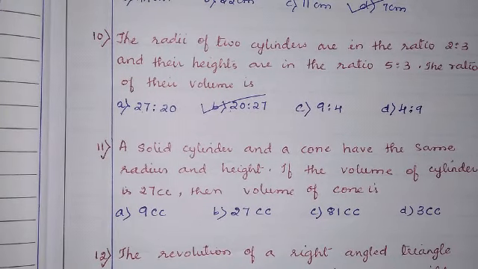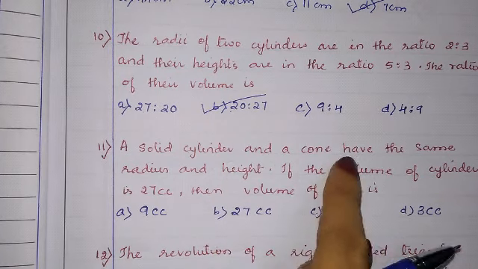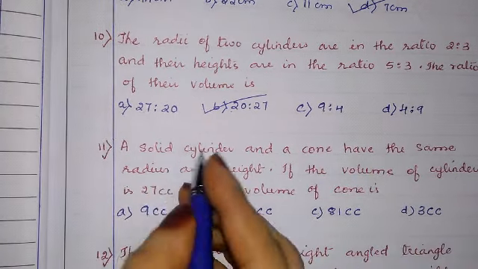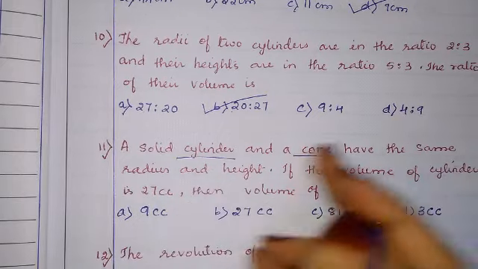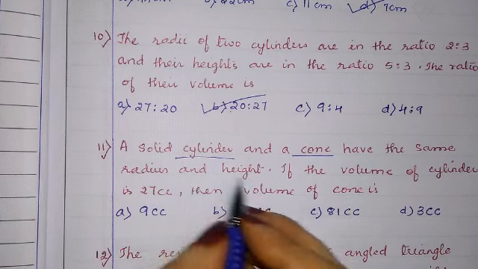Now let us see the 12th question. A solid cylinder and a cone have the same radius and the same height.